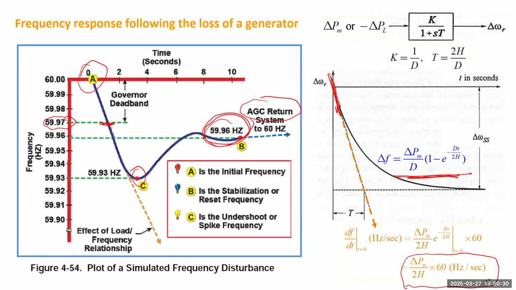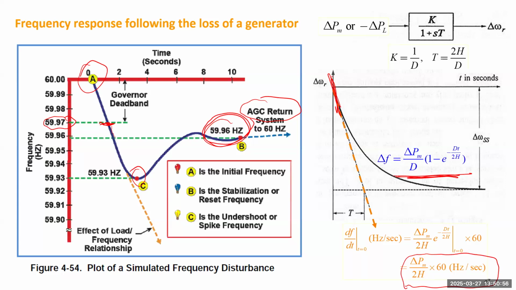If we use the unit hertz per second, meaning how much frequency decline in hertz will happen in one second, that value is delta Pm, the change in power, divided by 2H, double the inertia time constant, and then multiplied by 60.